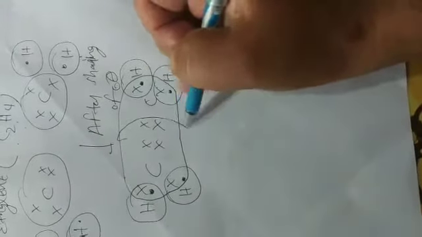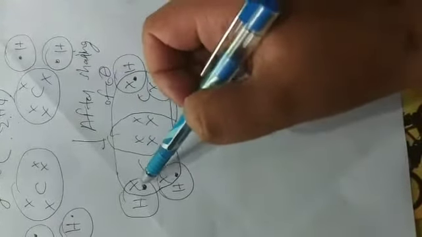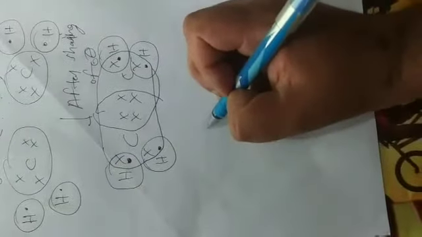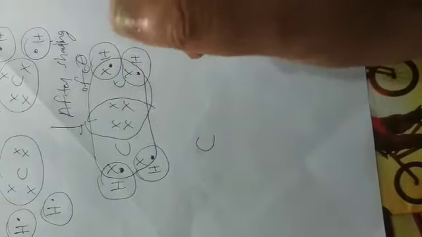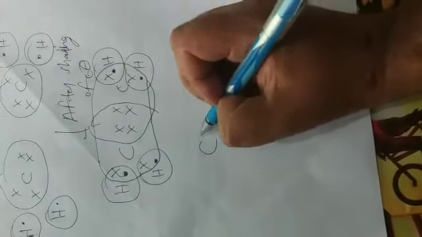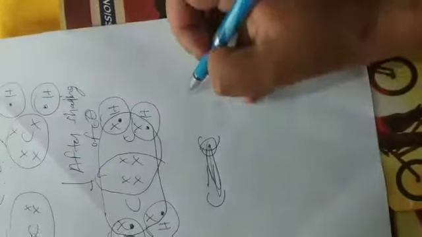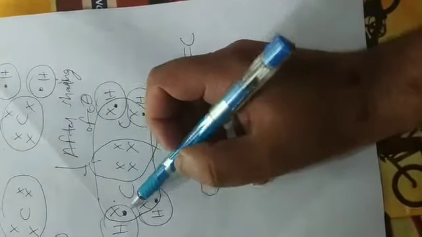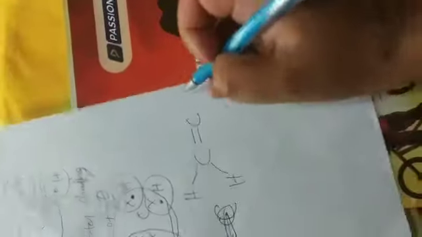This is the 8 electrons of C, and this is the 8 electrons of the second C. In this case, 2 electron pairs are shared between the carbons, and between carbon and hydrogen only 1 electron pair is shared, so single bonds are formed.